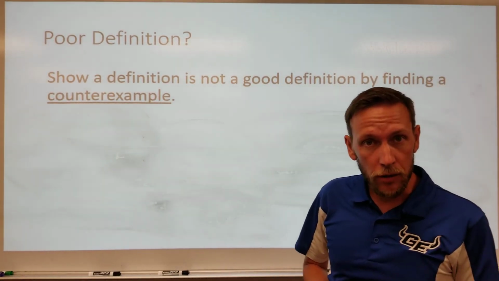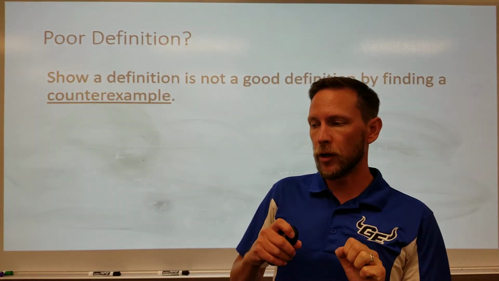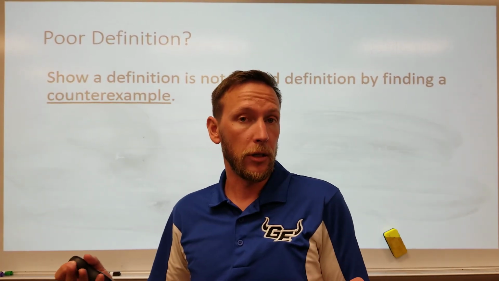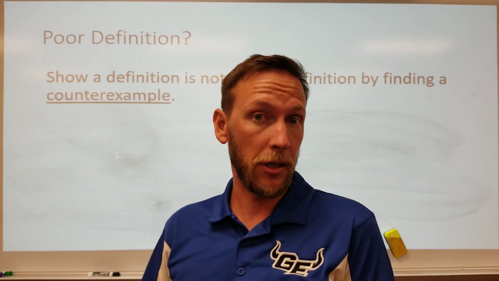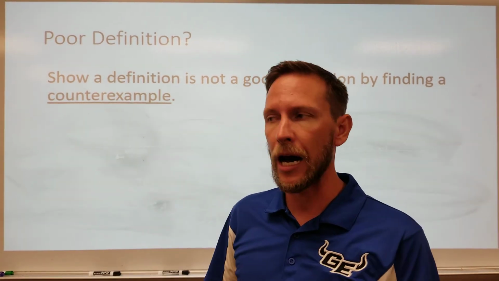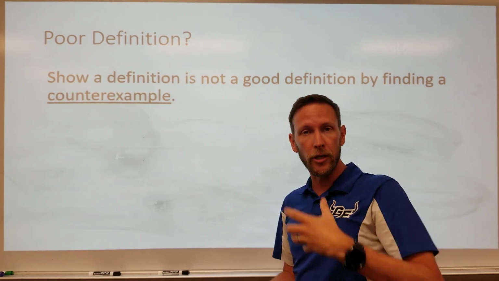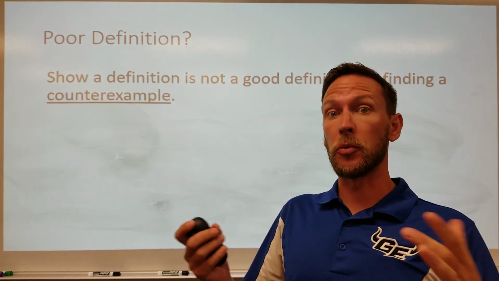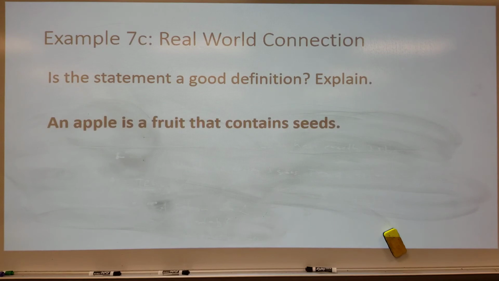So on the last one, where you had the square with at least one right angle, you could draw a rectangle, and you can say, well, this is a rectangle and it has a right angle, but it is not a square. It has multiple right angles or whatever else, all right? But it's not a square. All the sides aren't congruent. Those kinds of comments would then show your reader that you've provided a counterexample that says that your definition is not very precise, all right? It's not reversible.